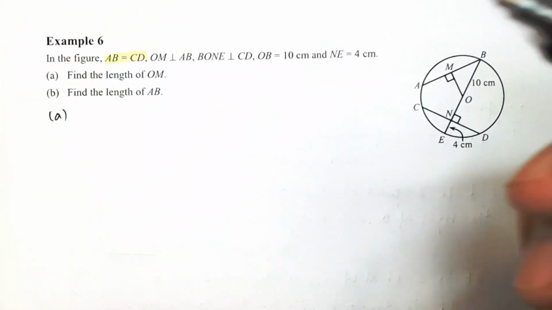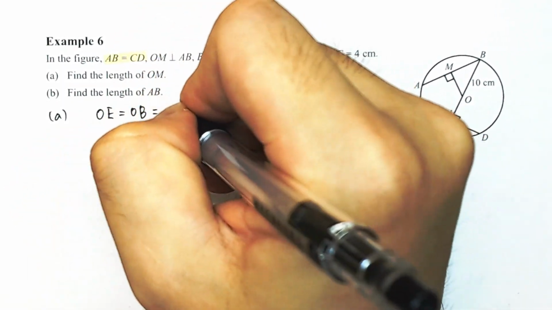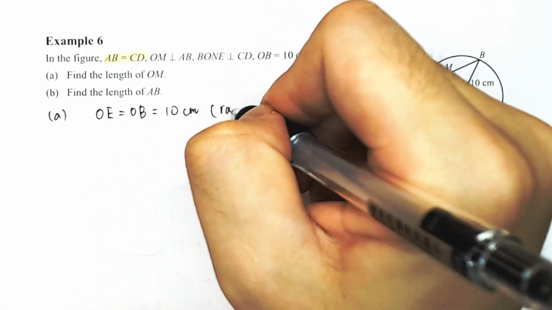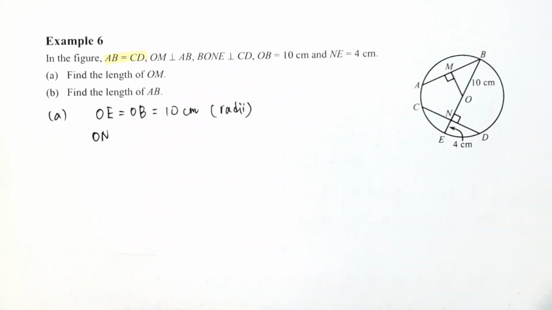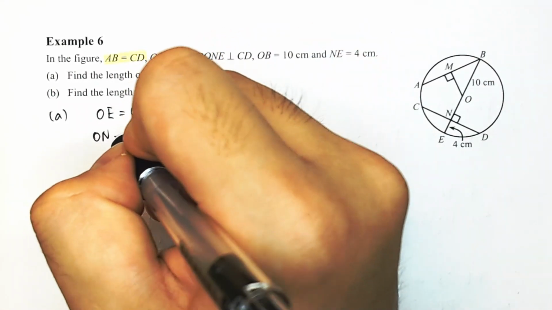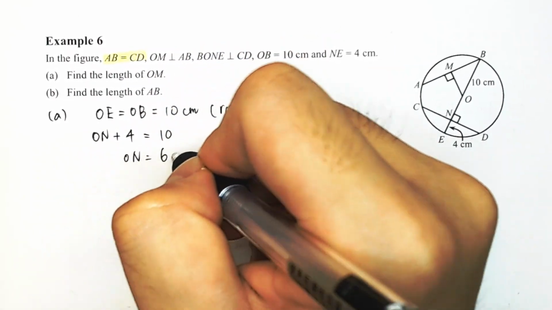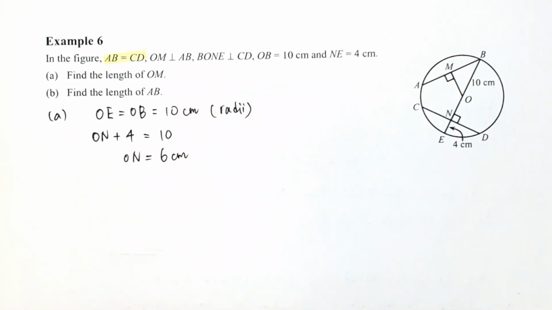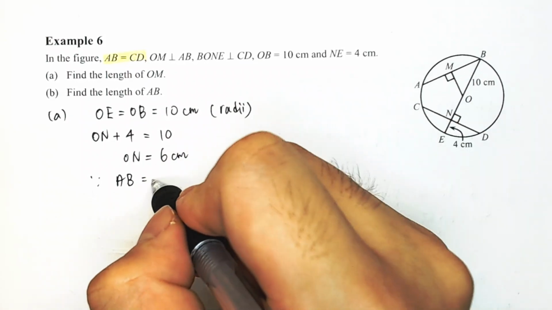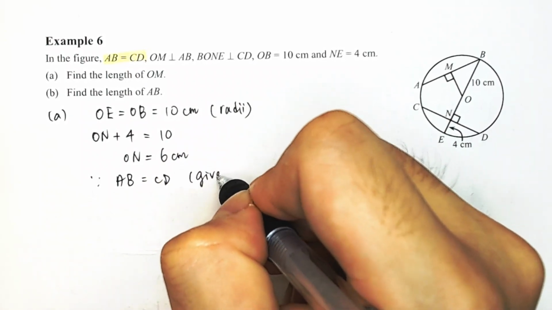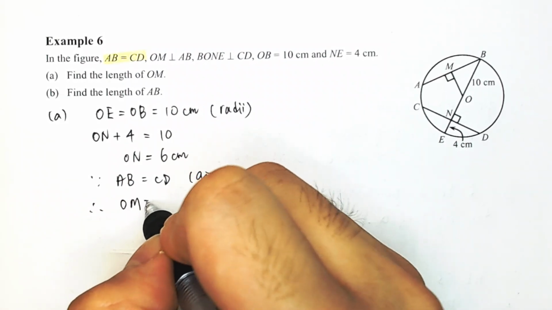Part A. OE is equal to OB is equal to 10 cm, which is the radii, and OE is ON plus NE, which is 4, so ON is 6 cm. And now, since AB is equal to CD, which is given, then we will have OM equals ON.